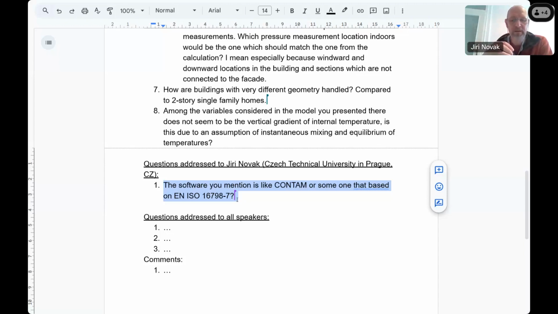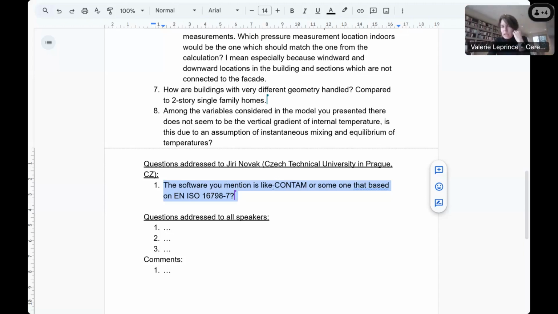And I tried to explain that the infiltration heat loss is calculated according to the EN ISO 16798-7. So that's basically exactly what I presented right before.